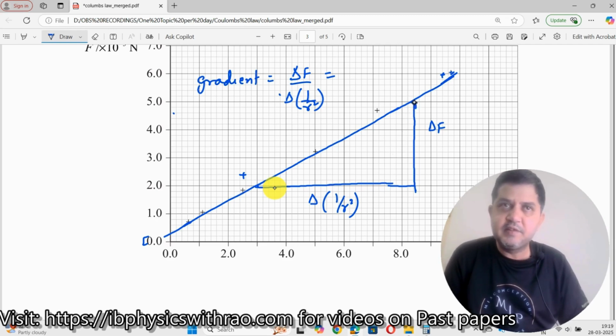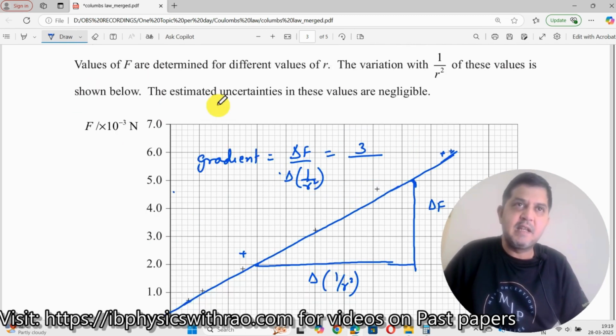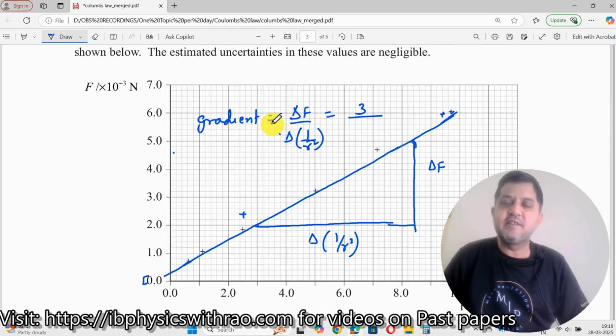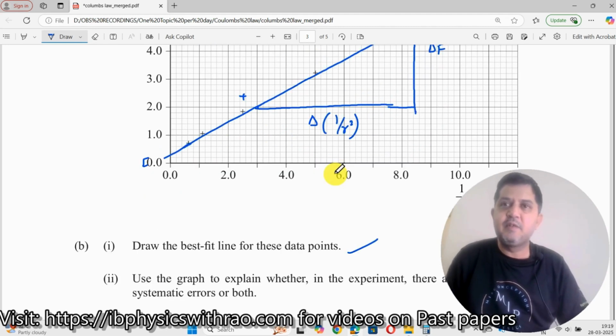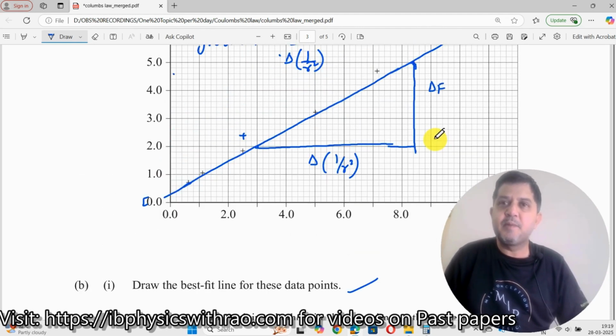What is this value here? This value is nearly 5, and this is 2. 5 minus 2 is 3. 3 newton, 3 into 10 power minus 3. So I have to write that as 3 into 10 power minus 3 divided by delta of 1 by r square. What is that value? This value is in terms of 10 power plus 3. If this is 6, this is 7, 7.2, 7.4, and so on, this will be 8.4.